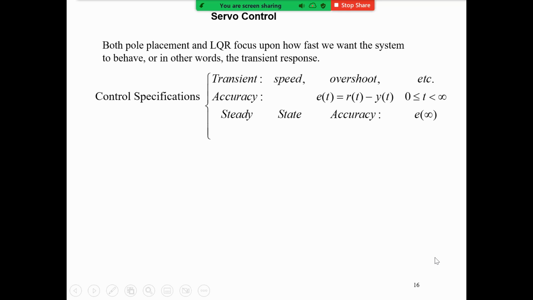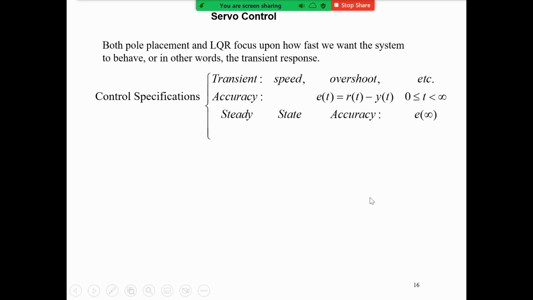Therefore, when I say the transient performance requirements, those overshoot ratio and settling time, we don't care what the steady state value of those step responses is. But finally, of course, we want the output to track the desired output when time goes to infinity.